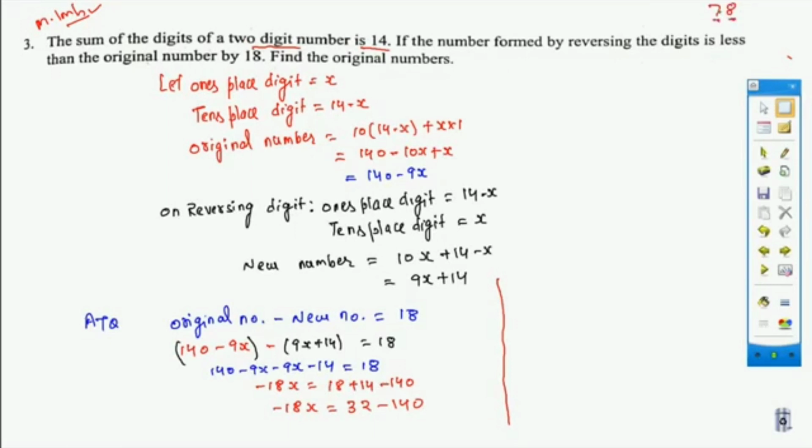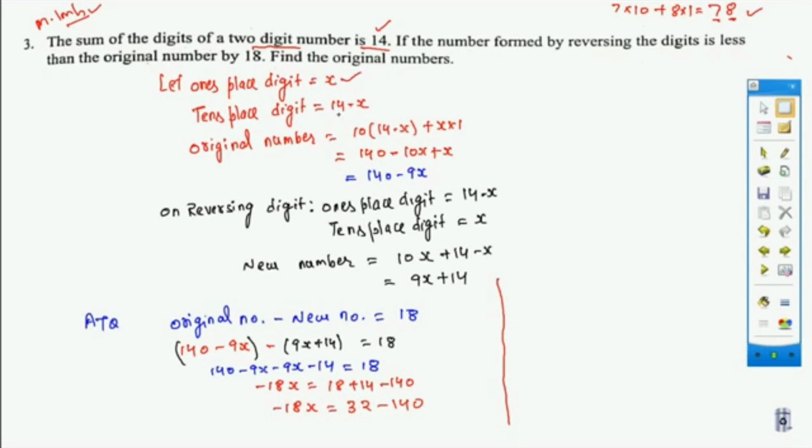I have given you an example, 78. How will we write it in expanded form? 7 into 10, because this is at the 10's place, and 8 multiplied by 1. So 7 into 10 plus 8 into 1 gives 78.